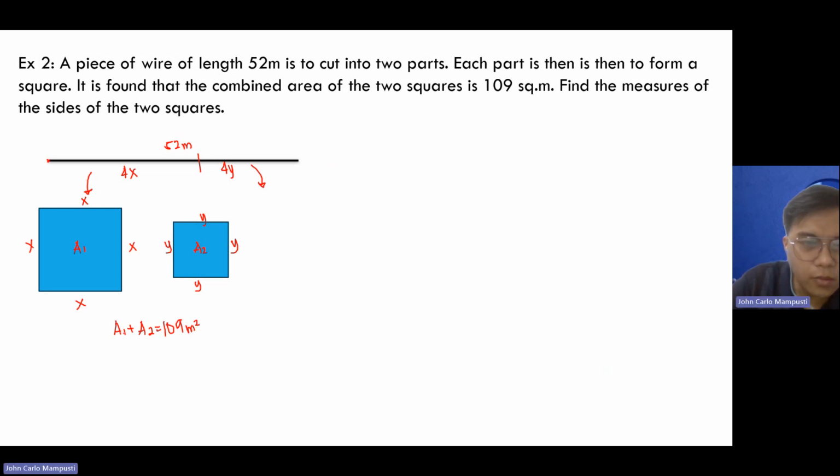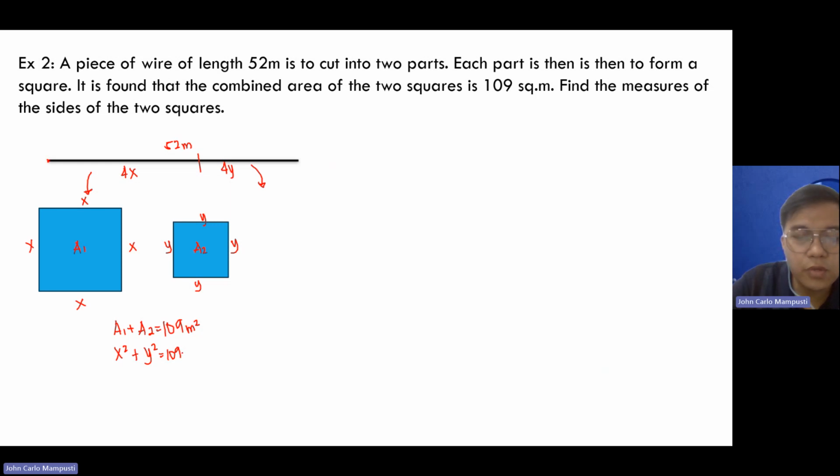So, we all know that area 1, yung ating first square, this is x squared. Yung area 2 natin, yung second square natin, this is y squared, equal to 109 square meter. So, we have equation number 1, no?